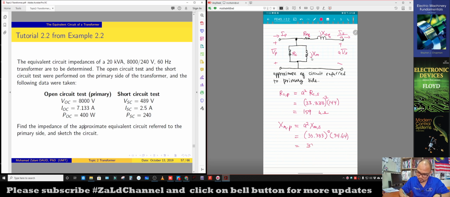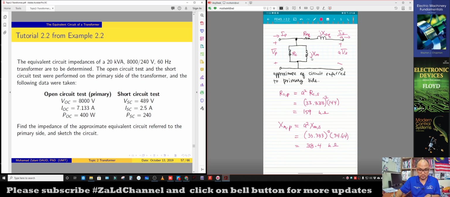Then we get 38.4 kilo ohm. So we have 159 for RC, and 38.4 kilo ohm for the XM.